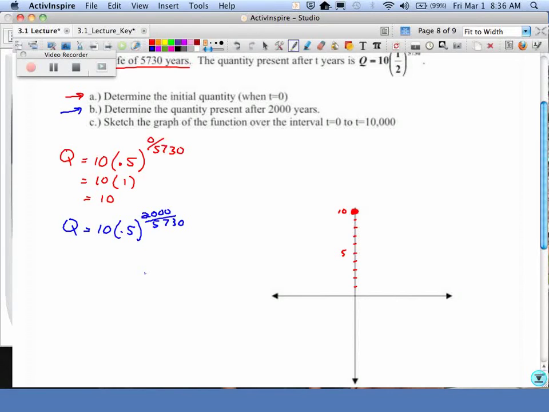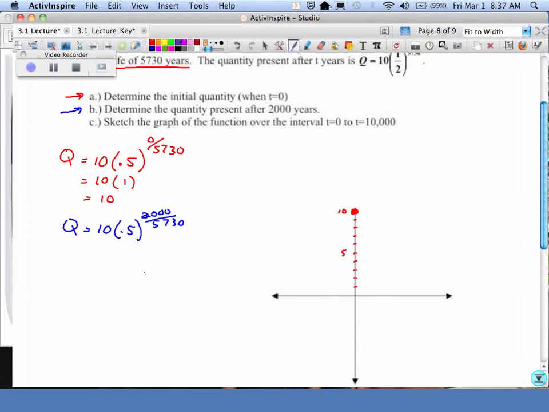No. Is it half of the half-life? No. So when you think about it, if I'm going to lose half of the value in 5,730 years, I would lose five of these grams, right? I'm not even going to lose half of that right now. Correct? Yeah. So my answer that I come up with better be somewhere between 5 and 10.